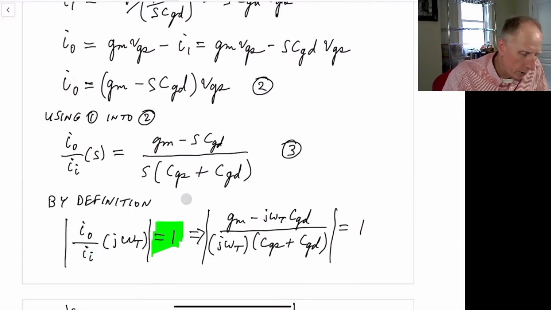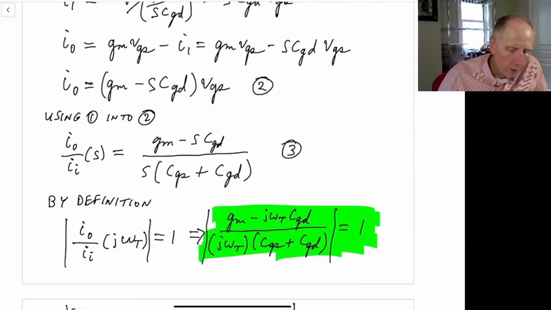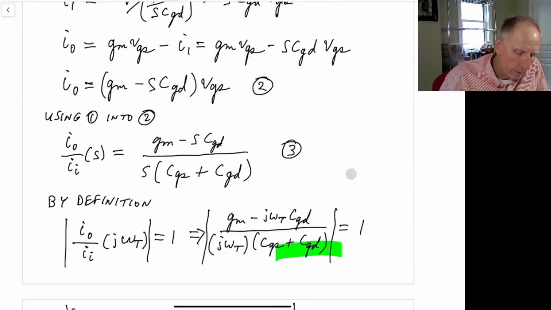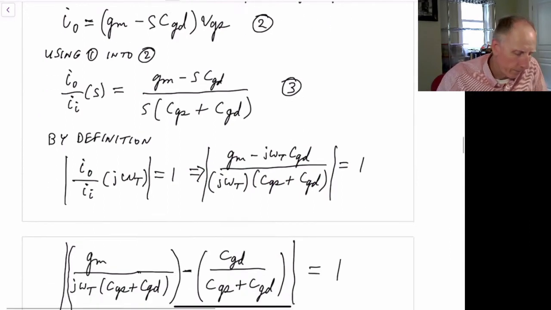So we can take the one above, and we have this equation here. This is one equation, and we only have one unknown in this equation, and it shows up here and here. So we'd like to solve this for omega sub capital T, and that will be where our current gain goes to 1.